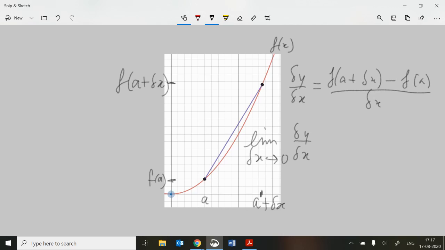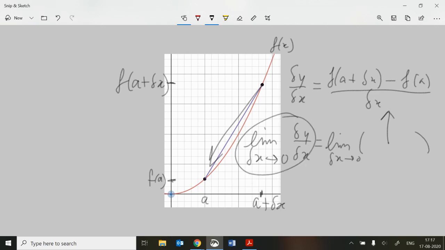And when we take that, that's the same as taking the limit as delta x tends to 0 of this thing here. Sorry, I can't fit that one in there. Okay, so that's going to give us our gradient at our particular point when we bring this point infinitely close to a. So we're tending towards 0 there. And we bring these 2 points infinitely close together.